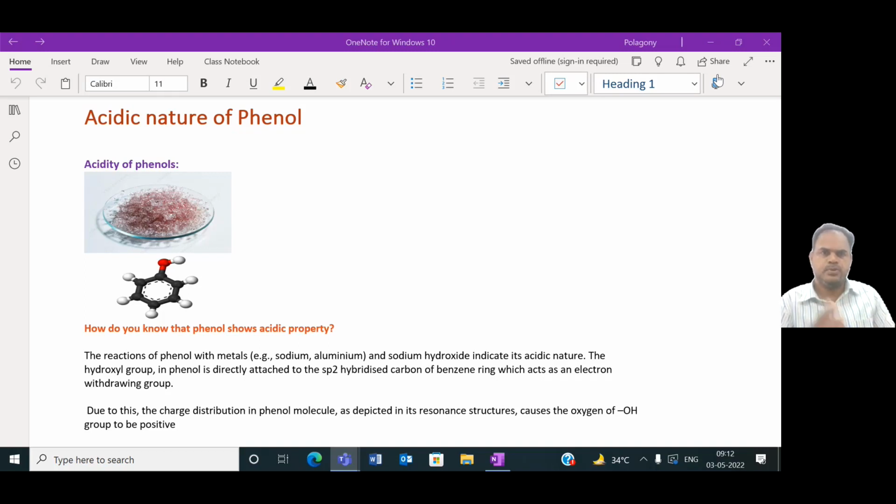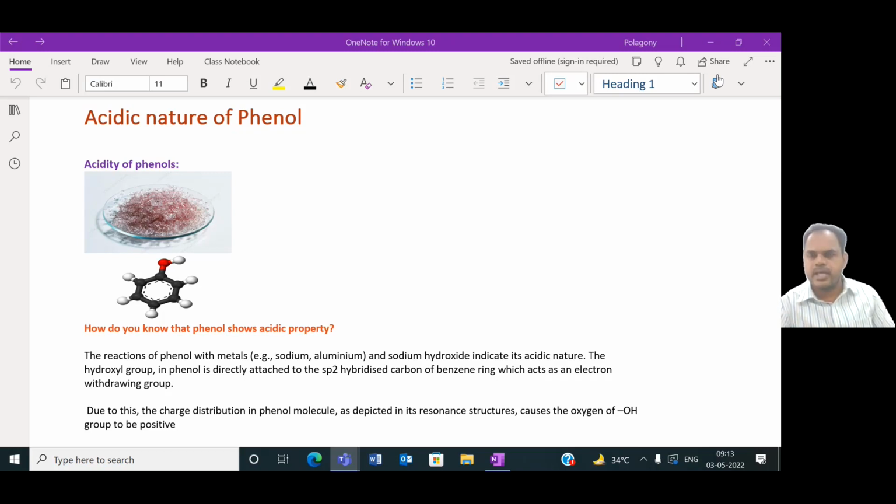If you look into the phenol structure, the hydroxyl group is connected to the sp2 carbon, where the sp2 carbon of the benzene ring behaves like an electron withdrawing group. The sp2 carbon maintains a double bond, which can result in a positive charge on oxygen.